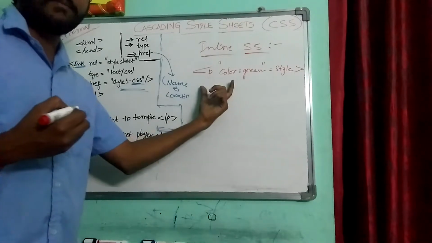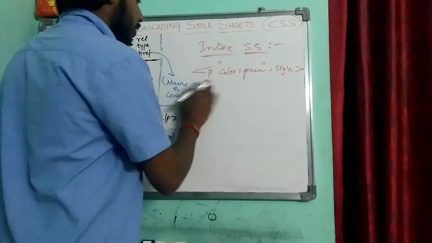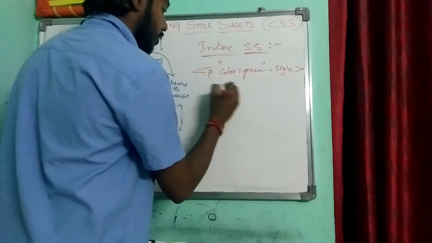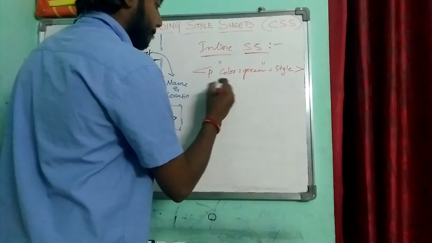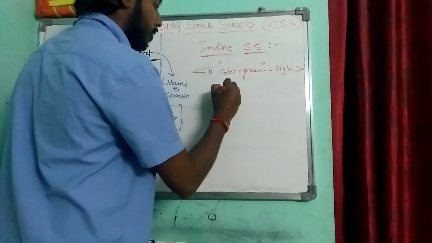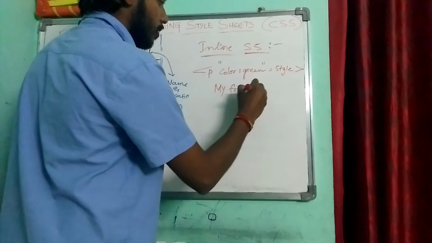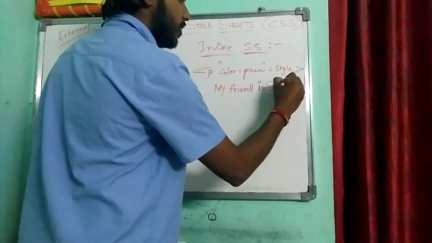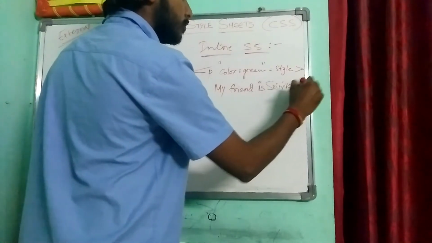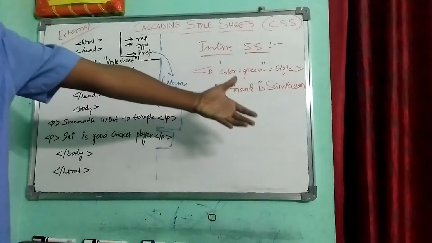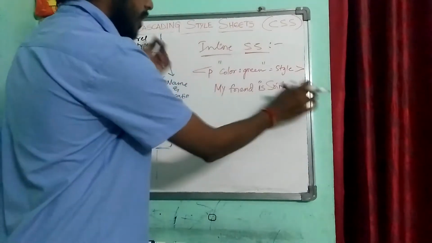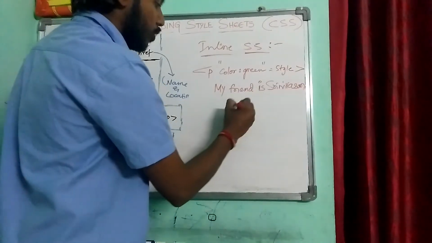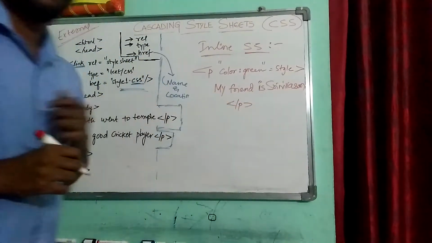Now I'll write something. I say my friend is Srinivas. This is occurring only once in the entire content of the page, so I'll close the paragraph.